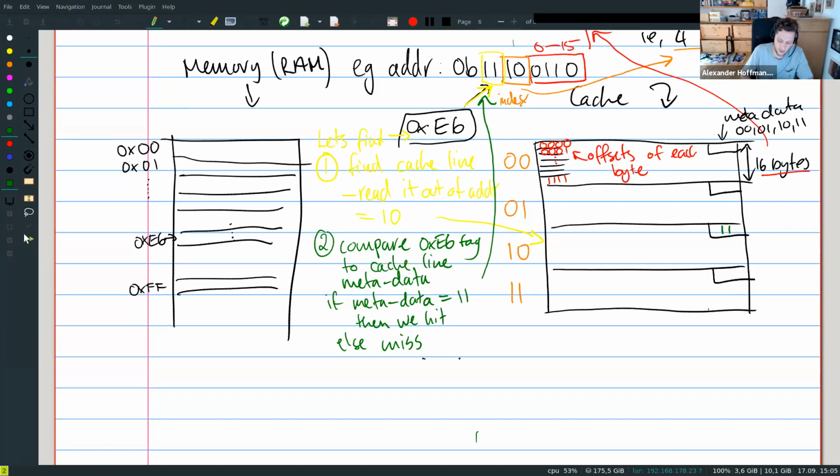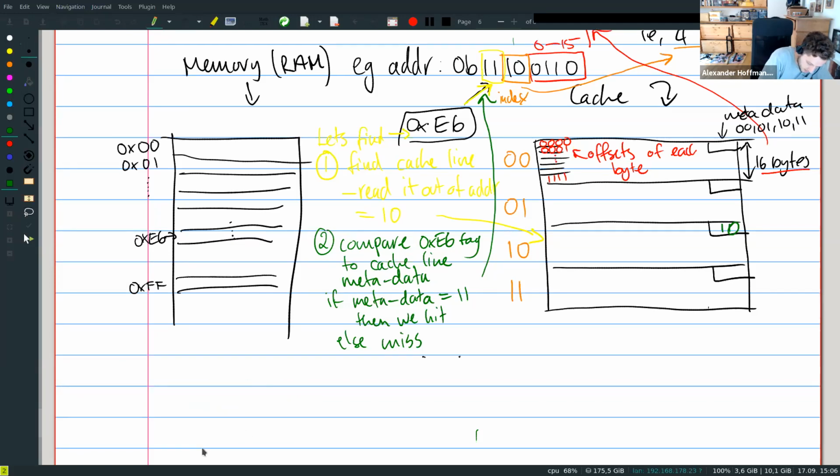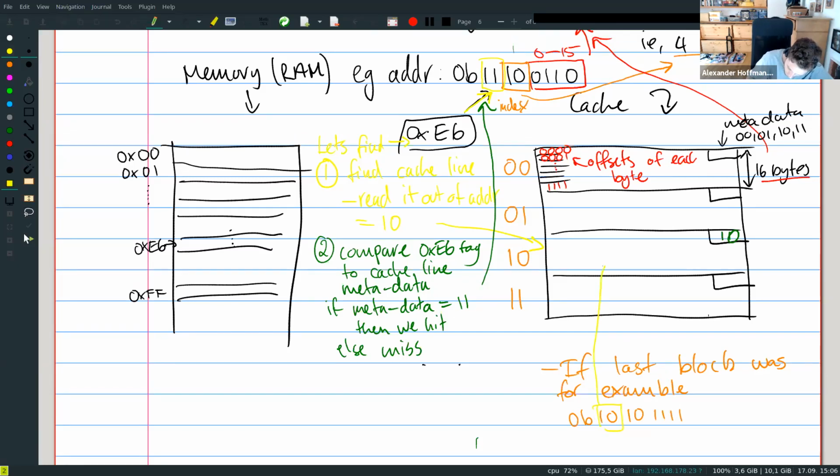If it's not, so if, for instance, the last block to be loaded in was 1, 0, so actually I should write this over here, take a different color. If the last block was, for example, let's say 0B10101111, meaning that this also goes into the same cache line.